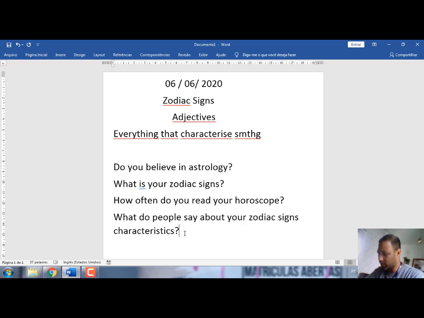We are going to take a look at some zodiac sign characteristics, and with that we are going to learn more adjectives using the zodiac signs. I'm not trying to make you believe in this kind of thing.